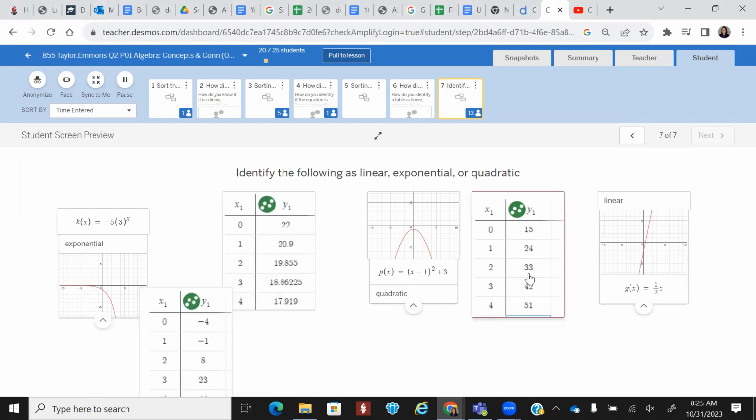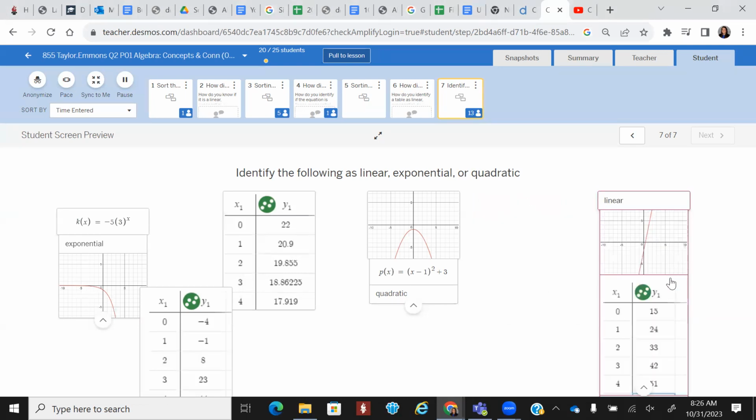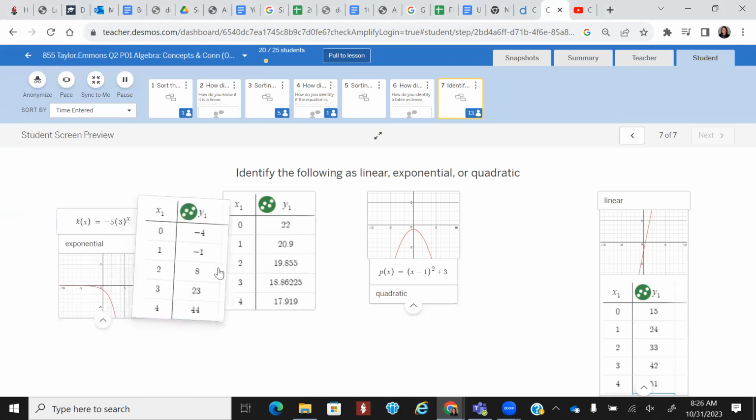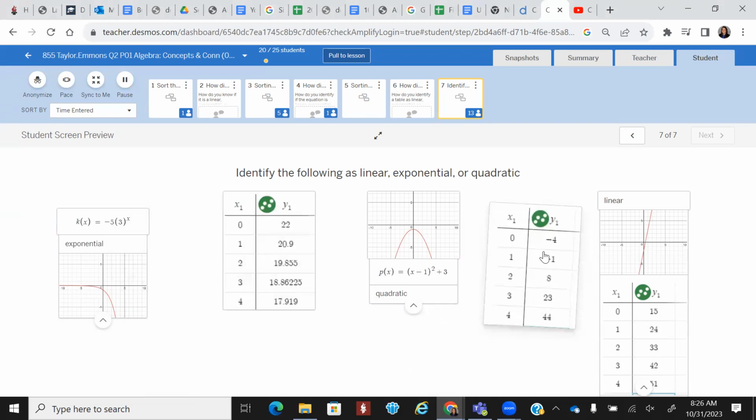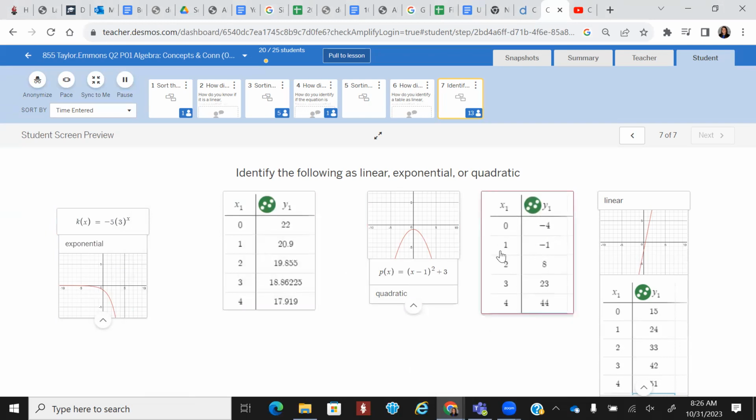So which one has a consistent number being added each time? Good. This table is going to have adding 9 each time. Are we multiplying by anything in these two tables?